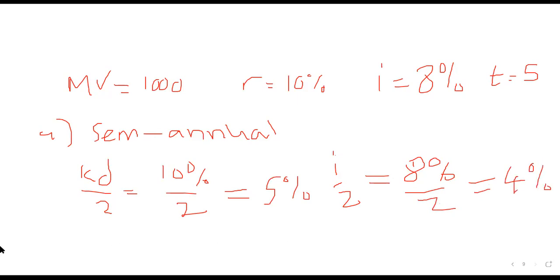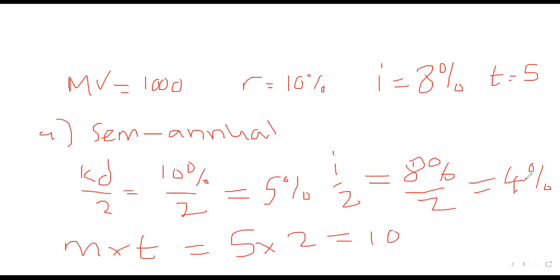Then the time is M times T. So instead of using the 5 years, we multiply times 2, we get 10 periods.